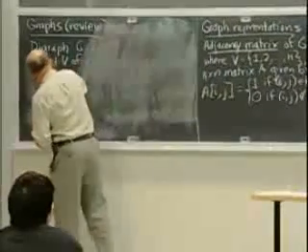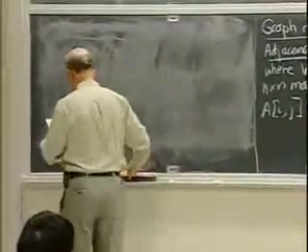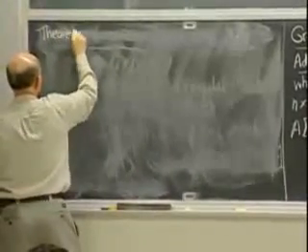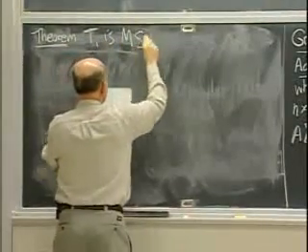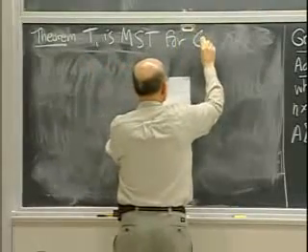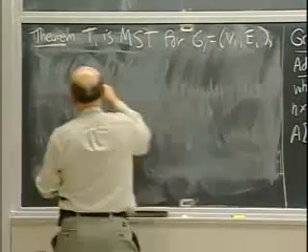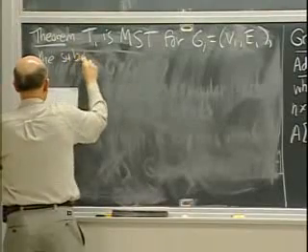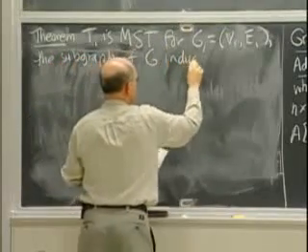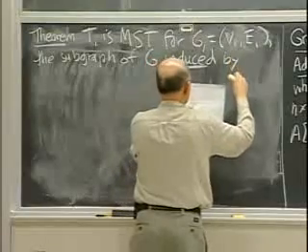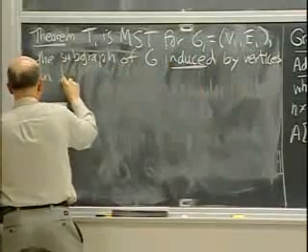So the theorem that we'll prove that demonstrates a property of optimal substructure is that T1 is a minimum spanning tree for the graph G1 = (V1, E1), the subgraph of G induced by the vertices in T1.